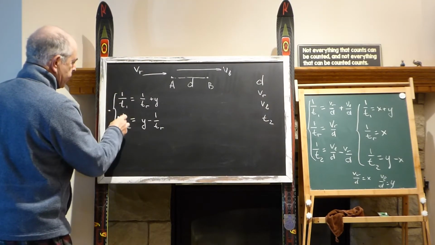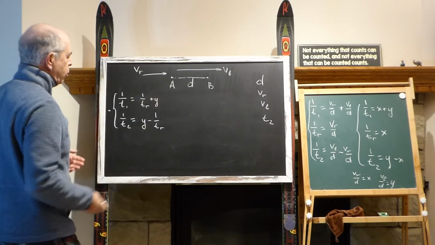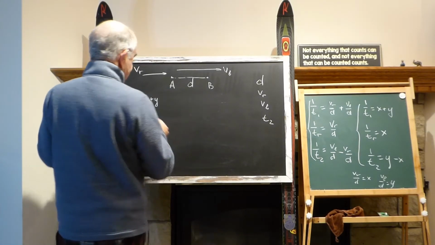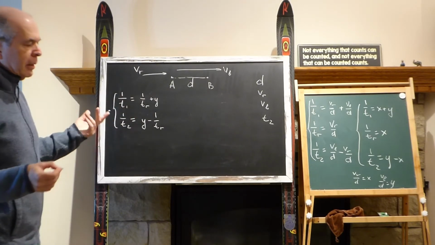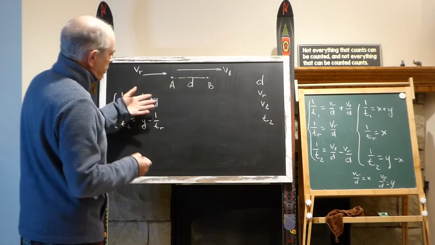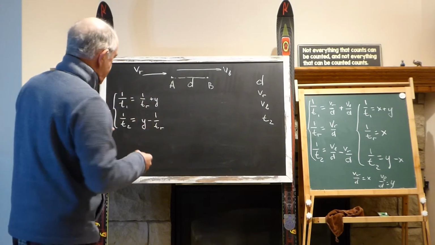Subtract this from here and this from here, then y would be gone. It's exactly the same as finding y and substituting, and we get in the end one equation, only it's a little trick that saves us time.